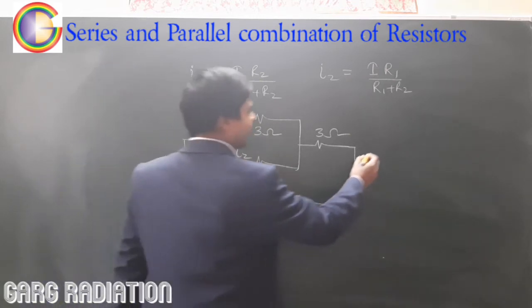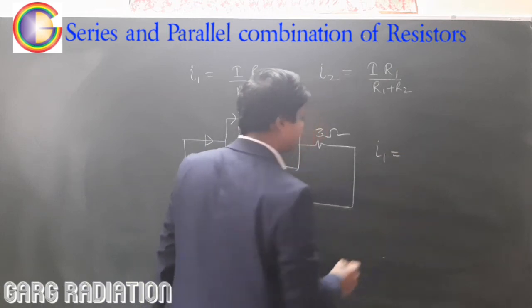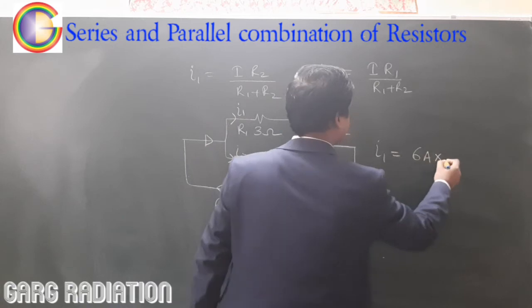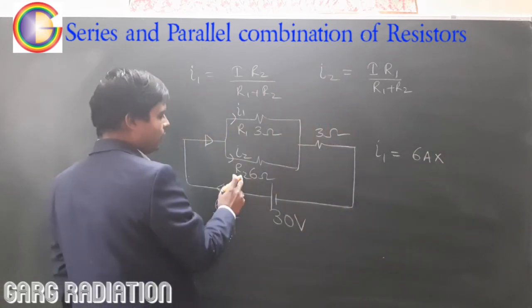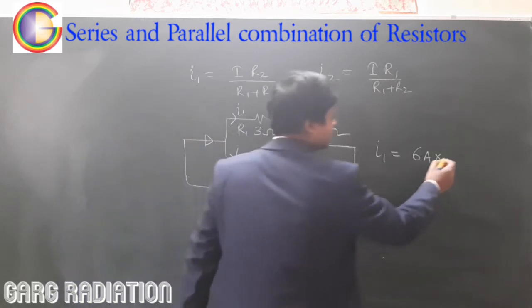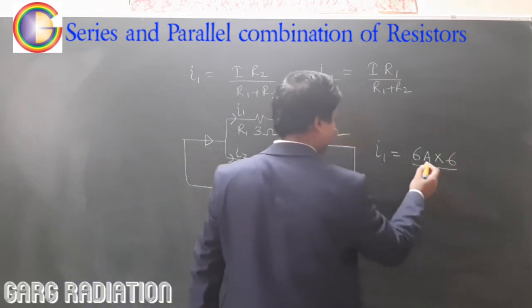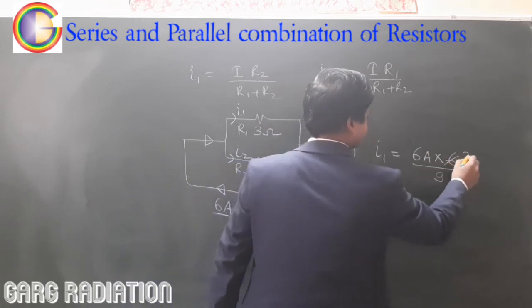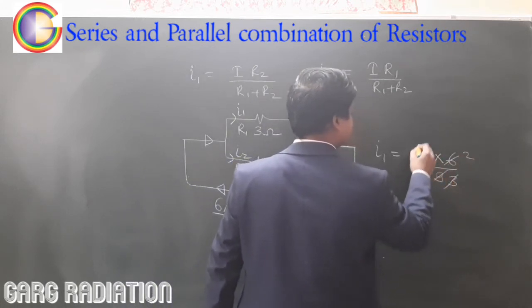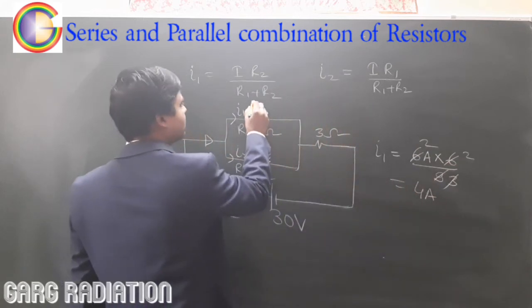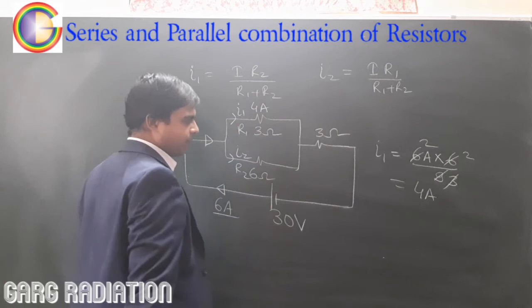So what will we write I1 as? I1 will be equal to the total current, or 6 ampere, into R2, since we are finding the current in this, we will multiply this resistance, so into 6 ohm upon the sum of these, or 9. So what do you get? You get 4 ampere. This is the same answer we got by the previous method.